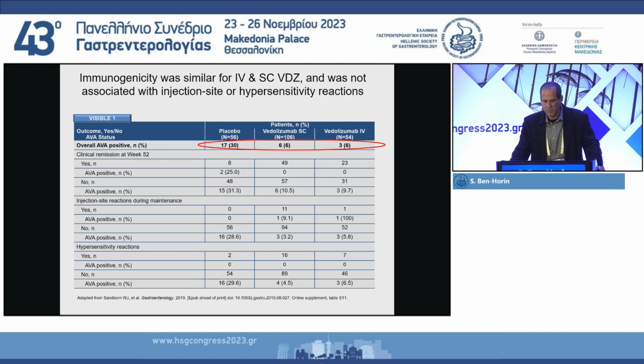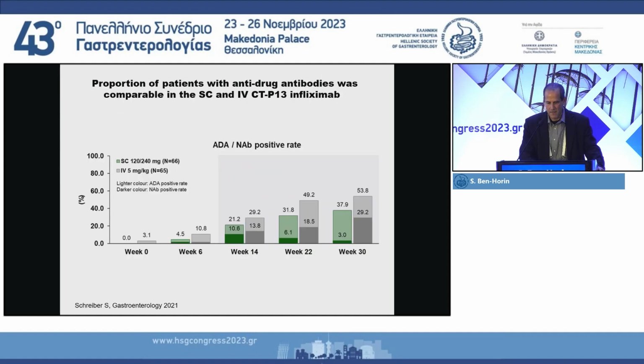In the vedolizumab VISIBLE study, this translated, both in the IV and in the sub-Q, to a very low immunogenicity rate of around 6%, as you can see. And we know vedolizumab's immunogenic profile, as one of these novel antibodies that has been designed to reduce this potential, is indeed quite low, maybe more towards 12-15%, but still many of those are inconsequential antibodies to the drug.